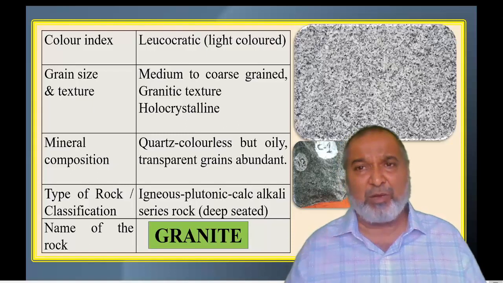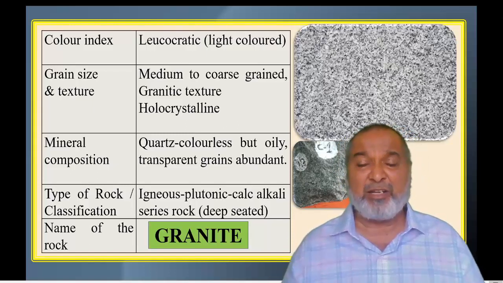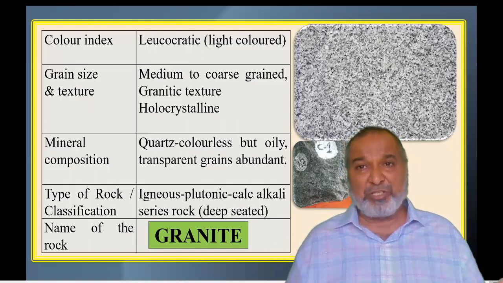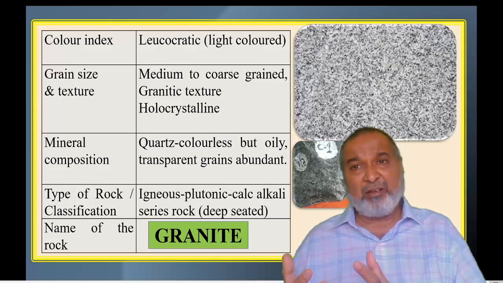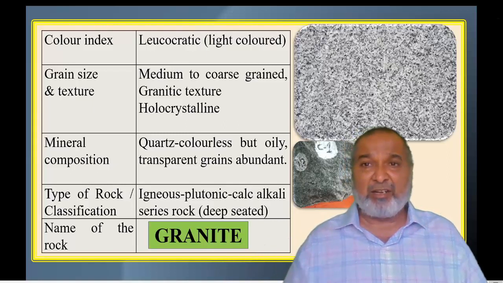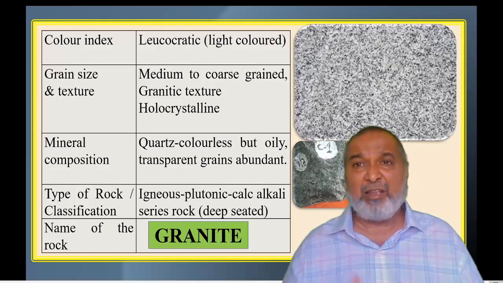On the basis of these, we will try to judge the composition of that particular magma, whether the magma is a light color, intermediate color, or a dark color. When we see a rock is a light color, then immediately we say that in that particular rock we have light color minerals.